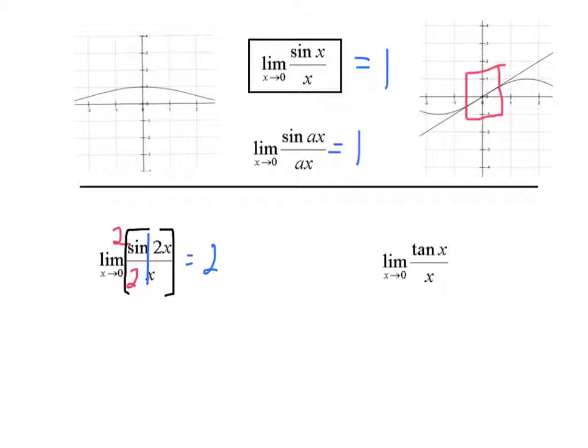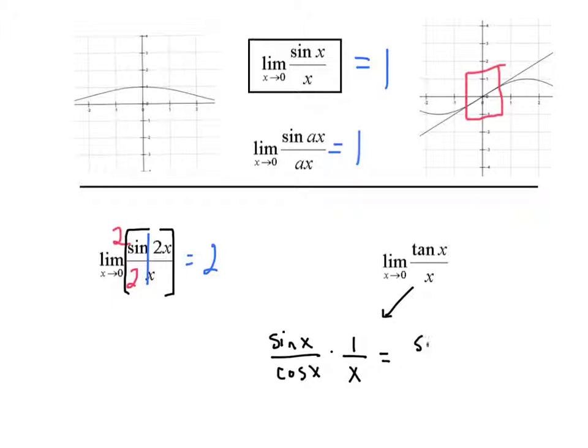Okay? Now, next you see this tangent of x over x, and you think, well, how does this apply? Well, remember, tangent can be written as sine over cosine. And over x, I can write that as 1 over x. Well, then multiplication works straight across.